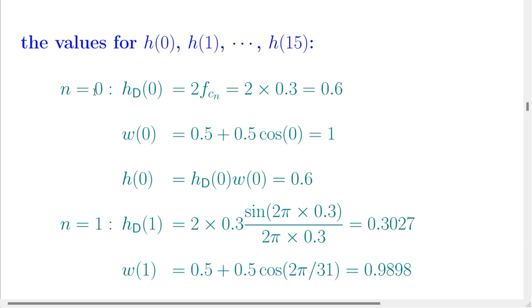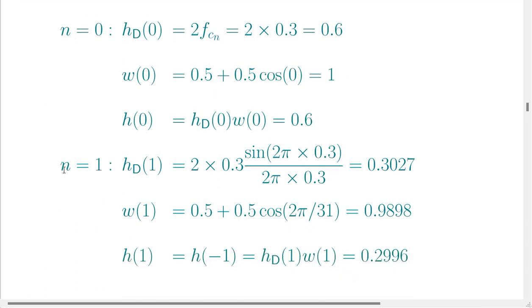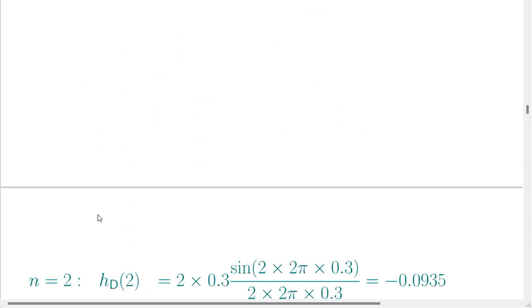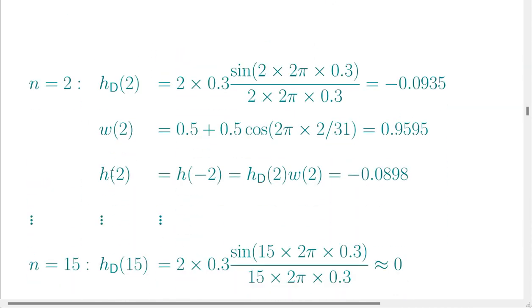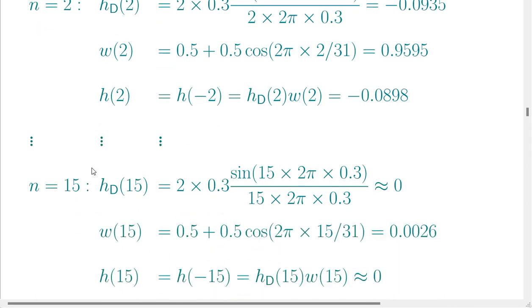N equal to 0 will lead to 0.6, and h1 will be 0.2996. Of course it will be h of minus 1 as well, and h2 and up to h15.